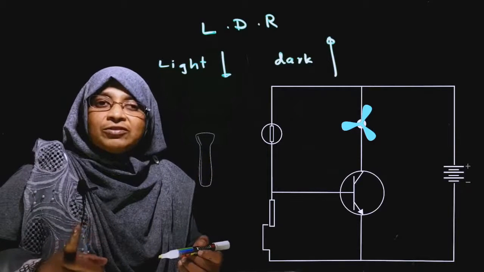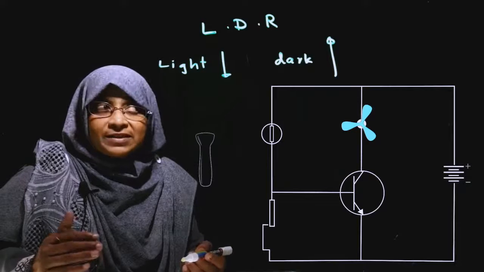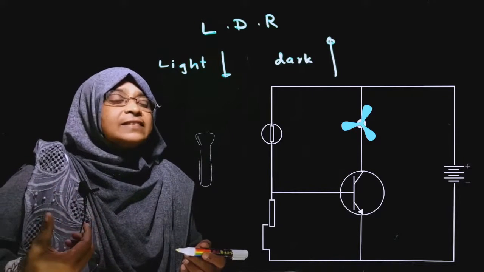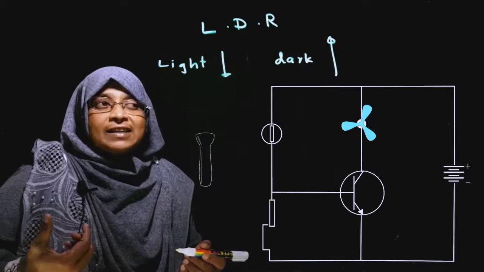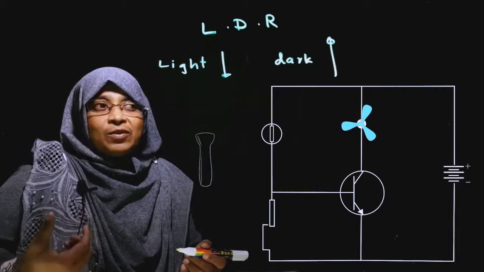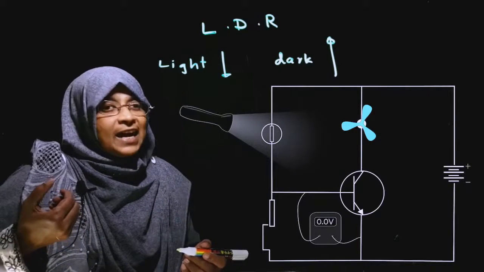Now we are going to set the circuit according to our requirement. Now we need to shine the light on the LDR. This is set on the gate. Now the light is shining on the gate.